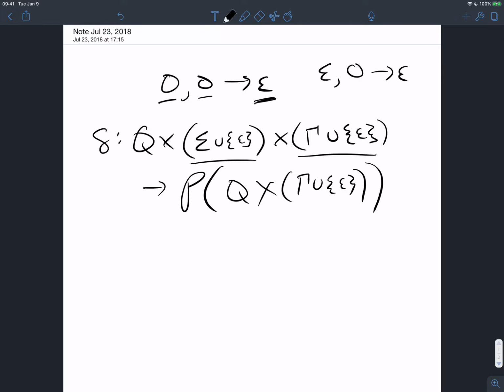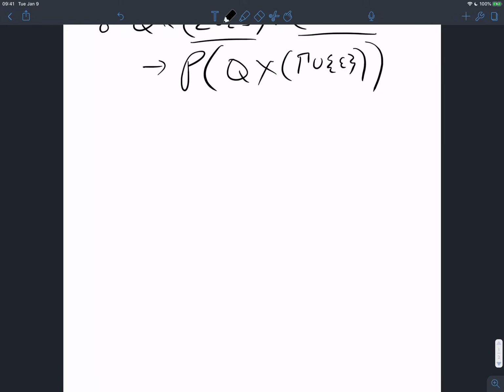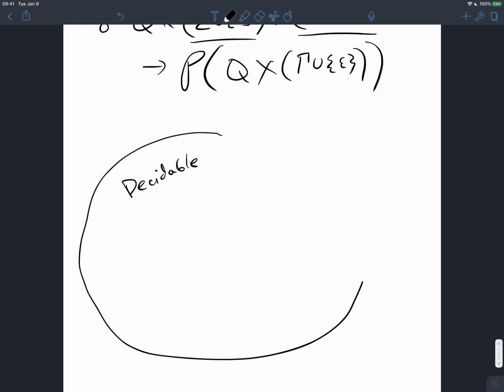So if you remember from, I think, two lectures ago, we tried to assemble where we are so far in terms of language classification. We talked about several different types of languages. We talked about decidable languages, and let's say that encompasses this bubble.